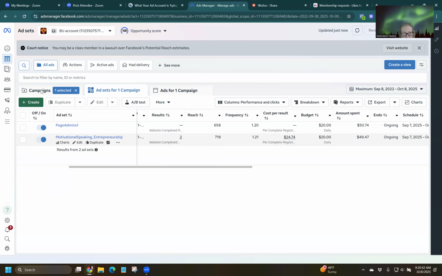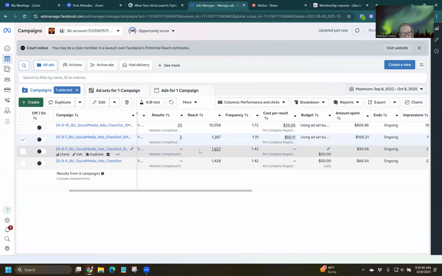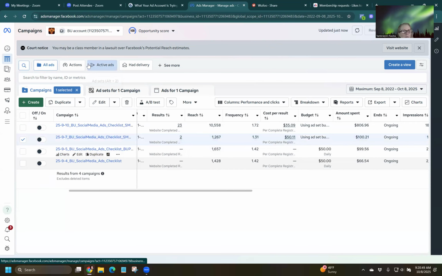But I also ran this in another way in another account, a different version of the same ad. Let me show you this. It's very interesting. This is what's fascinating to me about this whole thing. Let me open this other account.